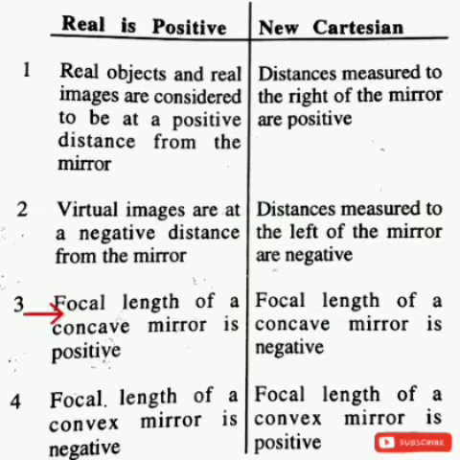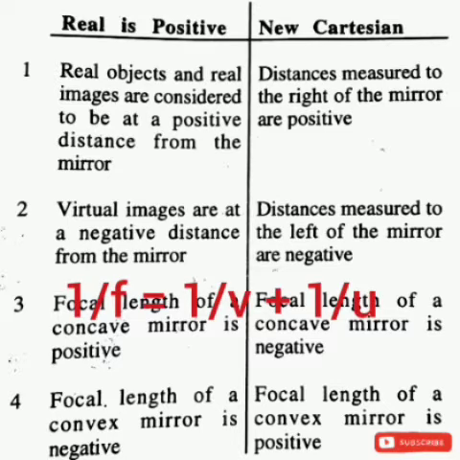For real is positive, the focal length of a concave mirror is positive, while for new Cartesian, the focal length of a concave mirror is negative. 4. For real is positive, the focal length of a convex mirror is negative, while for new Cartesian, the focal length of a convex mirror is positive.